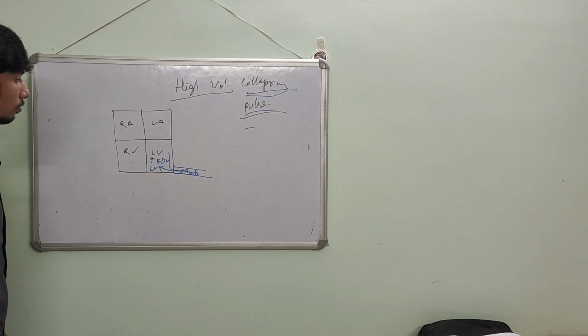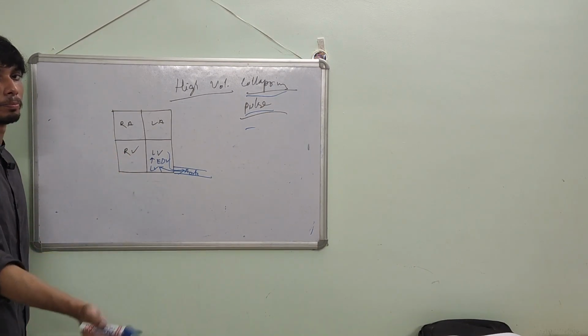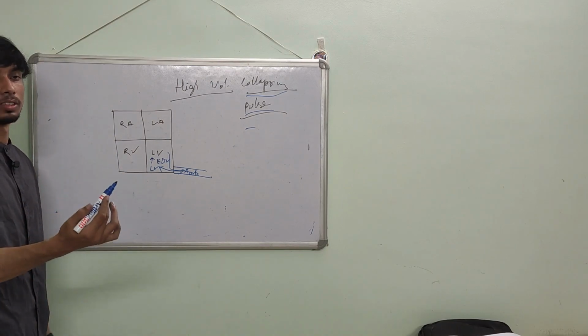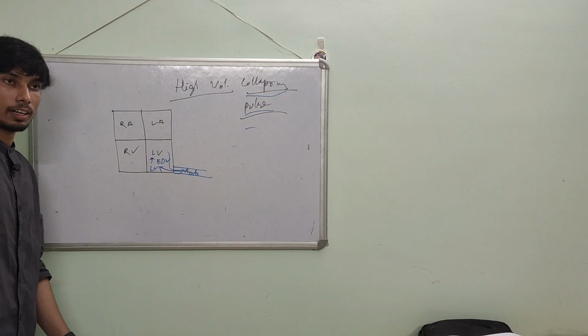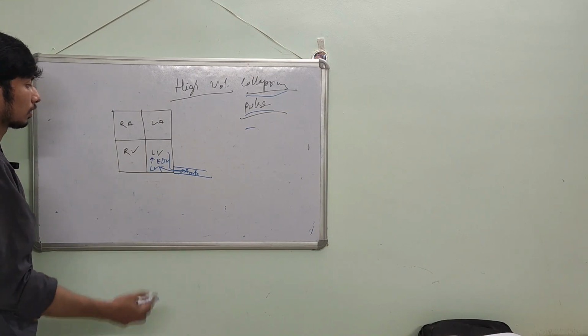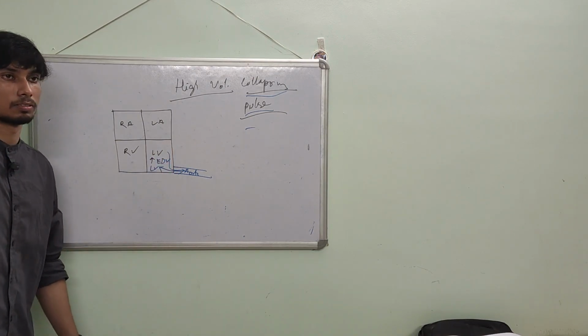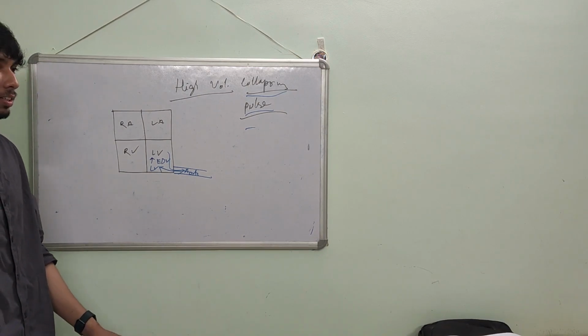So what's happening? More blood is coming back to the LV. So the EDV is increased once again. And what happens after EDV increases? Same, the stroke volume output will be increased.